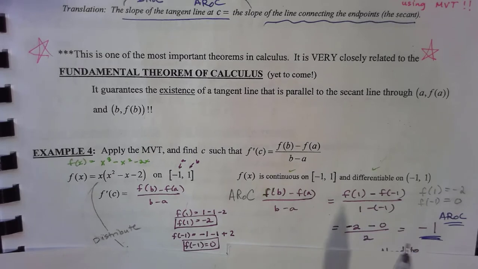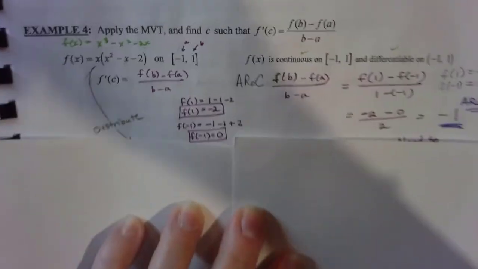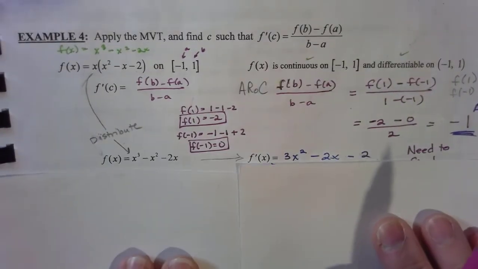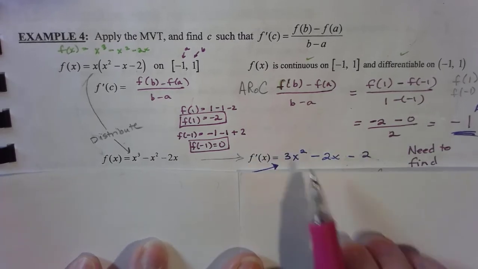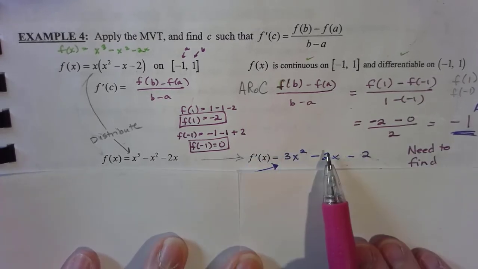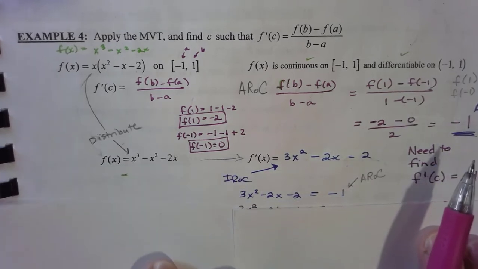So now we are going to find where the instantaneous rate of change is equal to -1, and we're going to do proper algebra. So here is our function f of x. There's the derivative, and we want the derivative to equal -1.